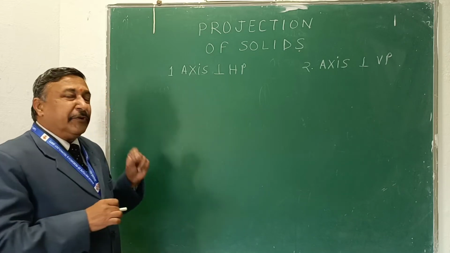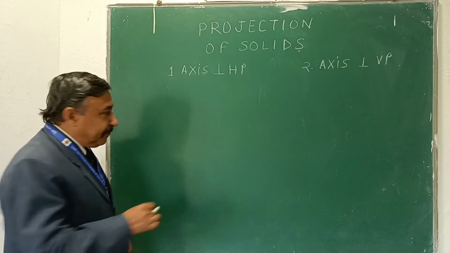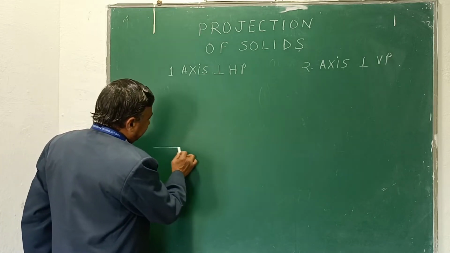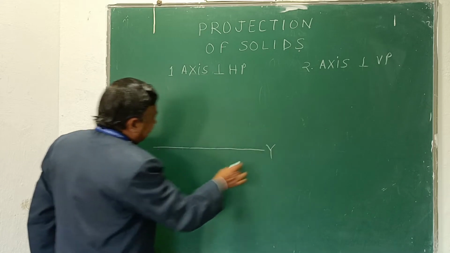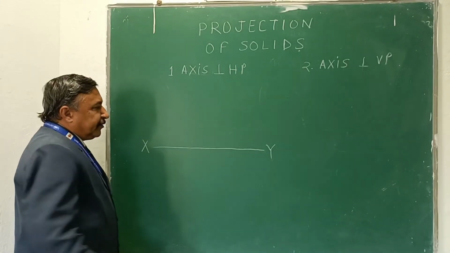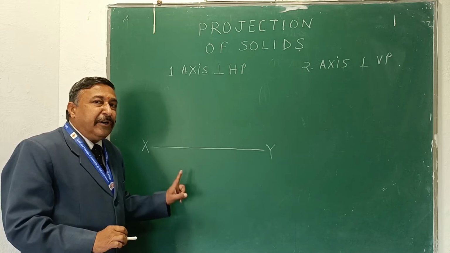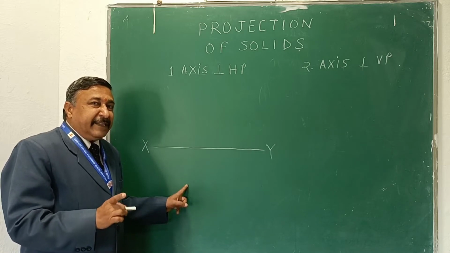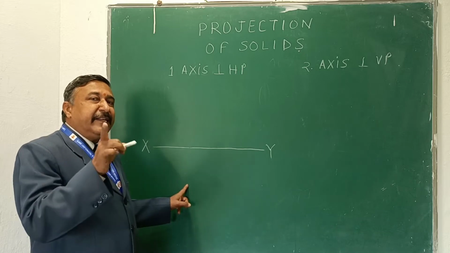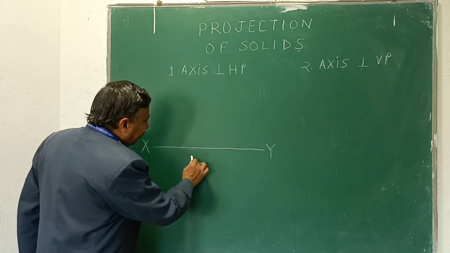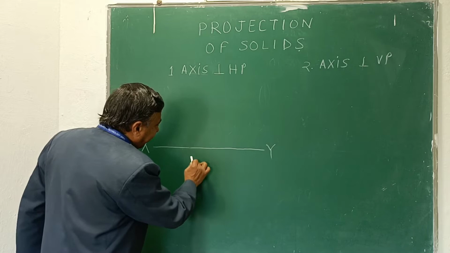So, this position starts from the top view. First we have to draw the top view, that is the base or top of the square prism, and obviously it is a square. So, first we have to draw a square.